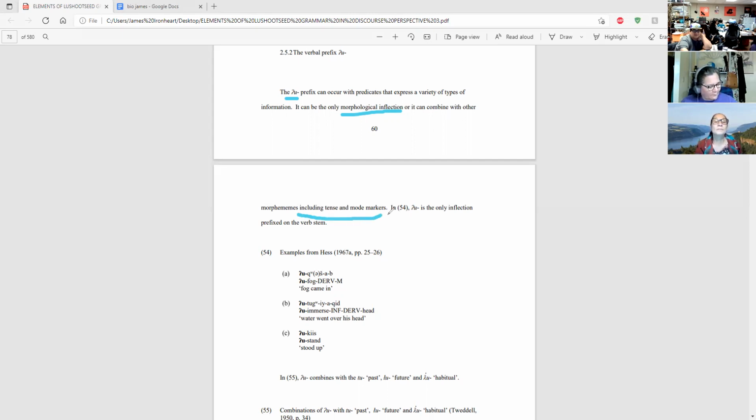Tense and mode markers, right? That's where it used to be a tense marker. It's for now, and maybe in the future, and maybe just a little bit in the past, but happens right now is what you say for a bit.